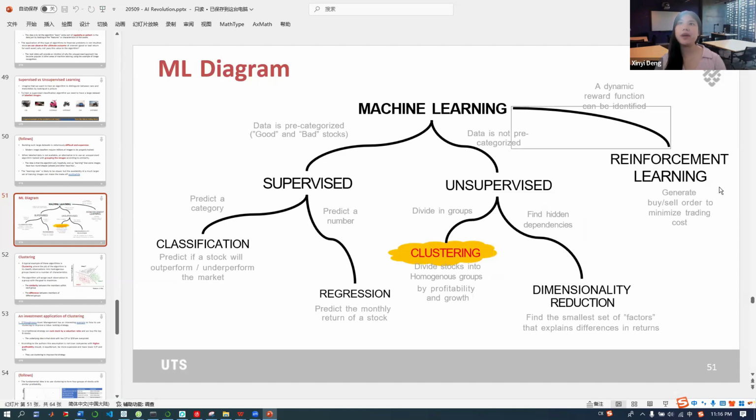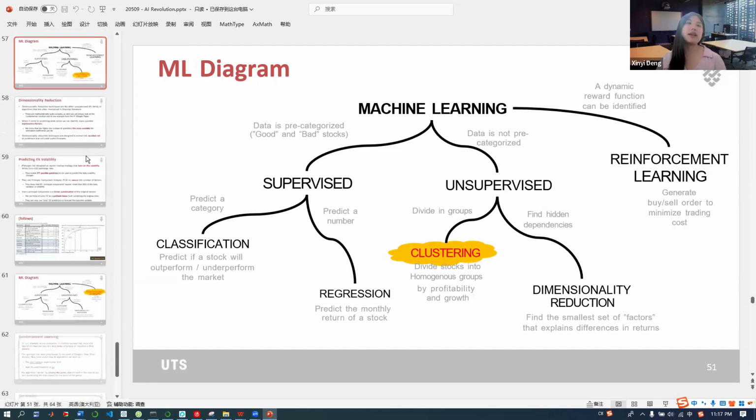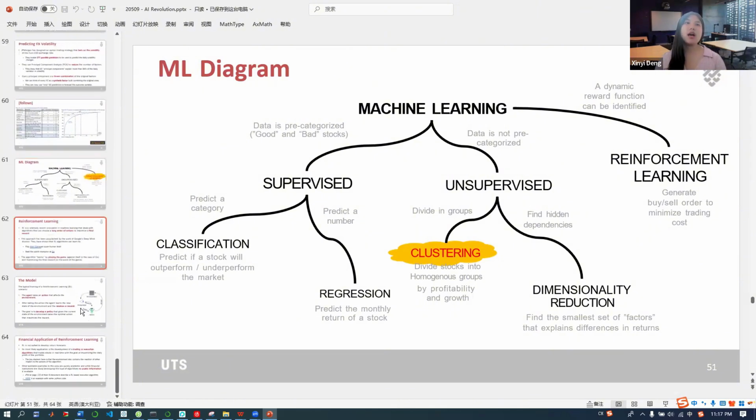Now, finally, we also have the reinforcement learning algorithm. For reinforcement learning, the math behind it is really complicated, so I don't expect you to know anything about the math behind reinforcement learning algorithms. I only expect you to know about the intuition. Reinforcement learning is actually something like human learning.